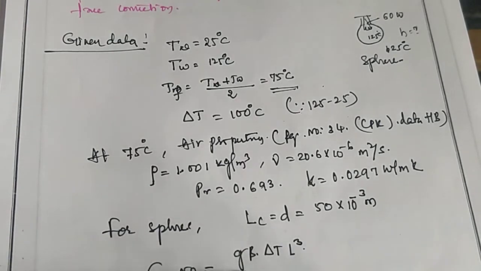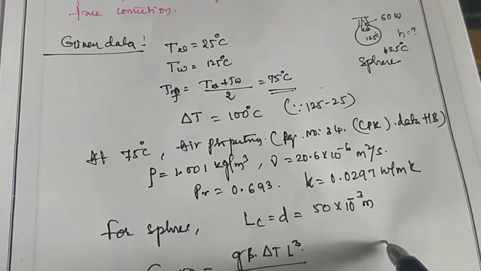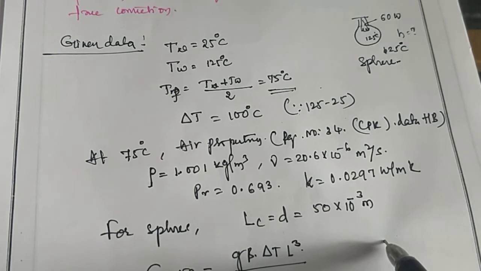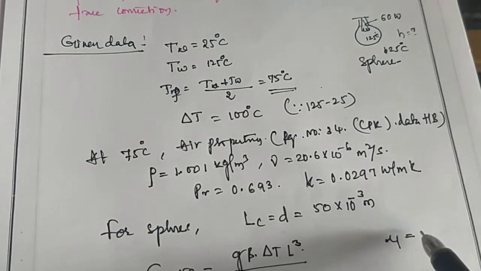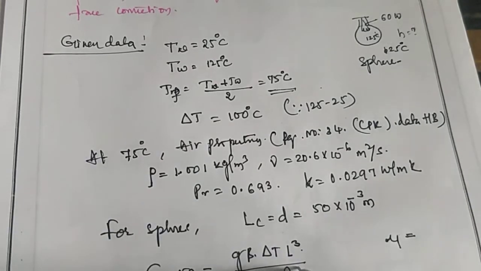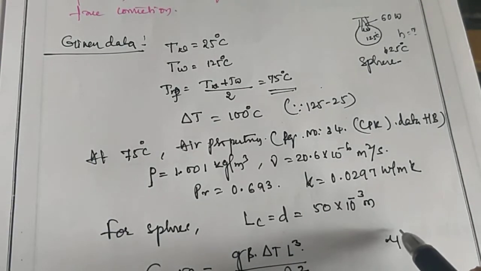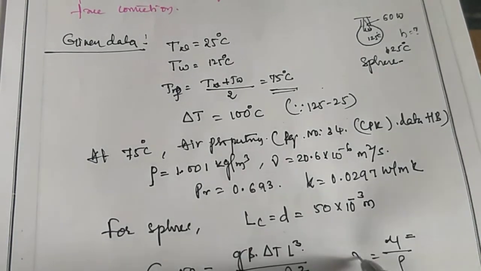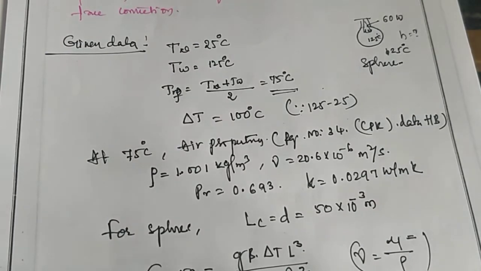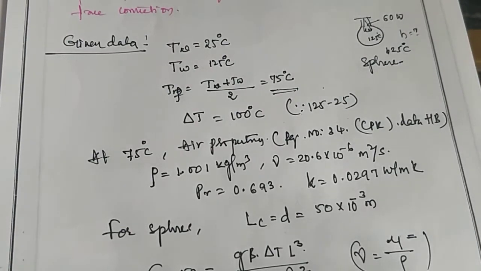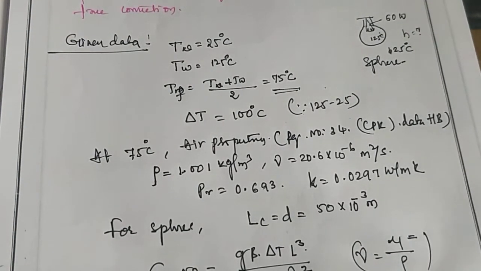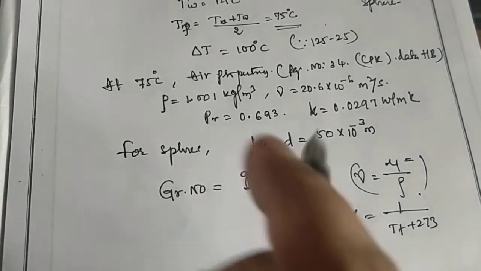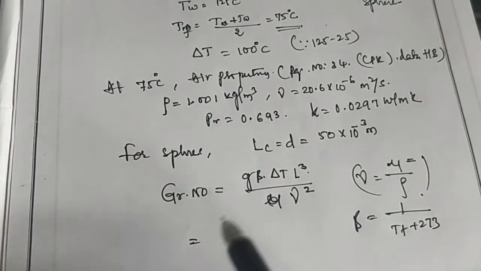Rho by mu gives the kinematic viscosity, so that's why I have taken mu square. And beta is equal to 1 divided by (T_f plus 273), and substitute all the values.